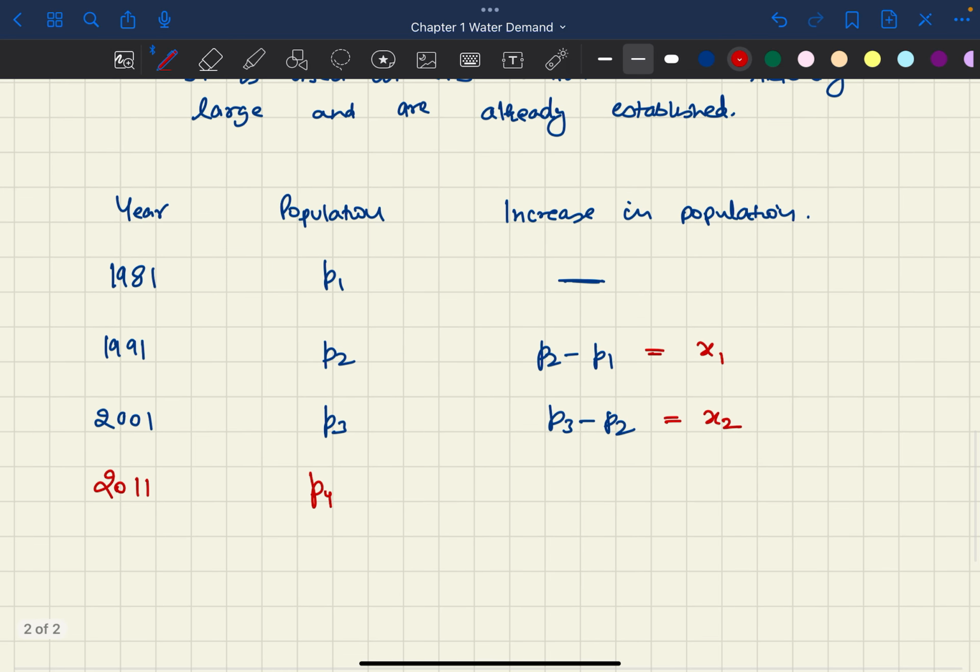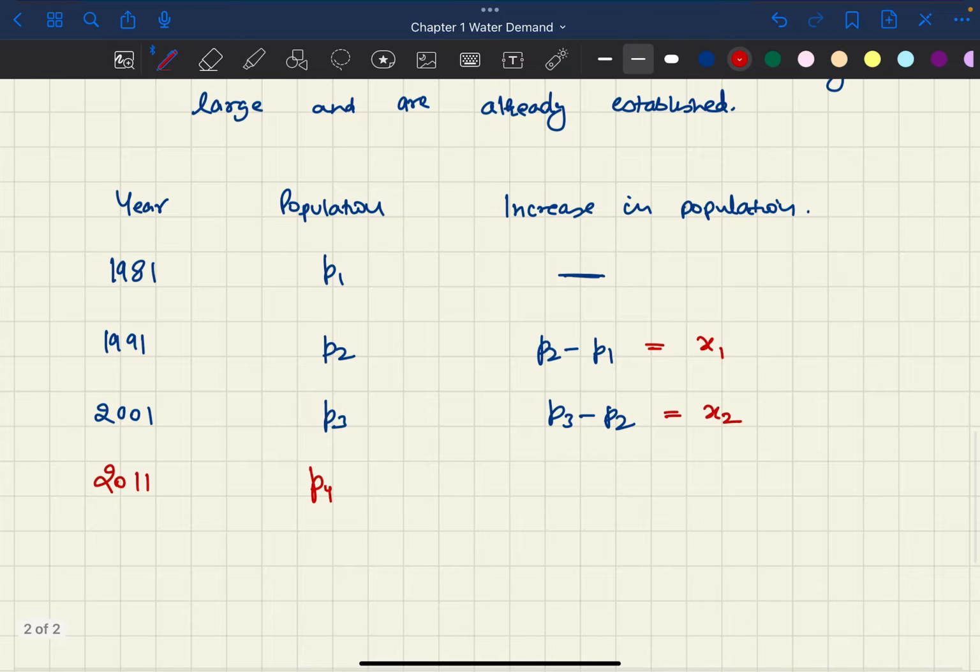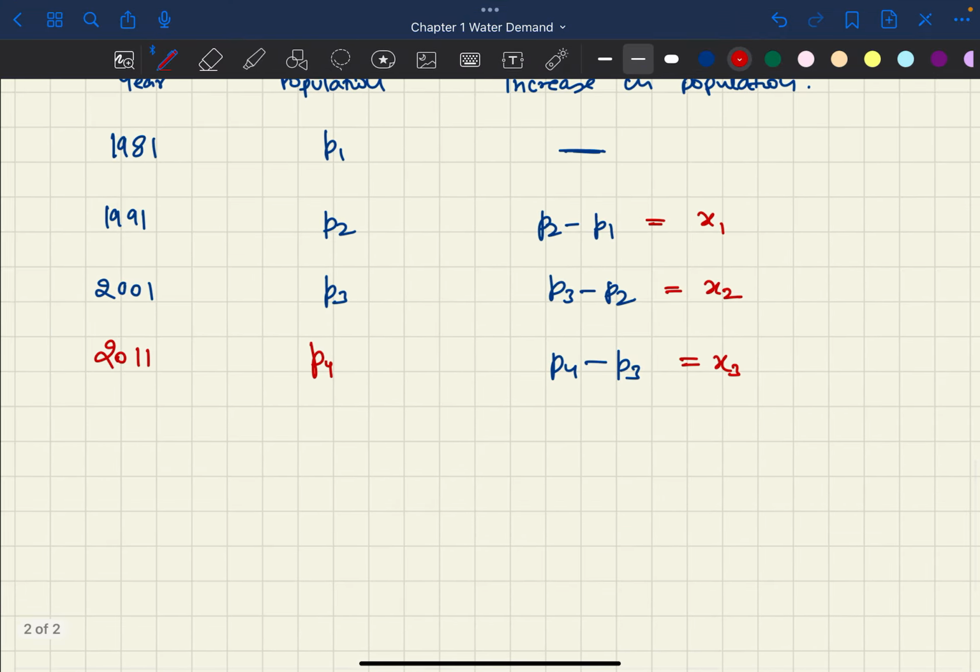For calculating P4, we have to calculate like this, P4 minus P3. Now we are not calculating, but I will be telling you this thing. Say we have to calculate any nth time population. So this P naught is the last known population.